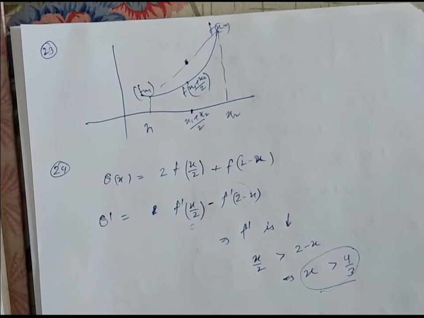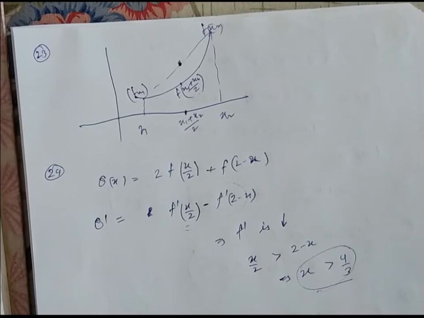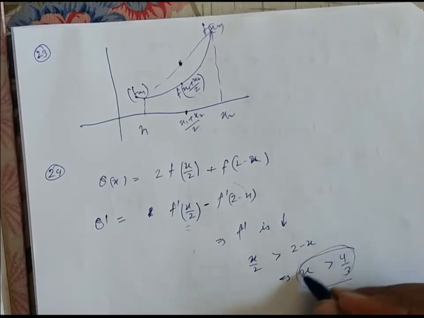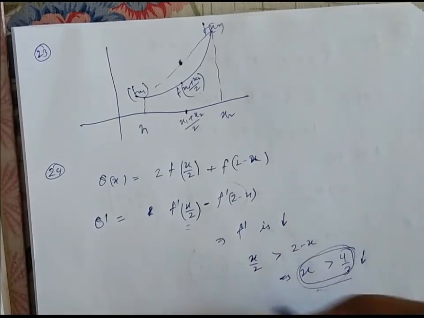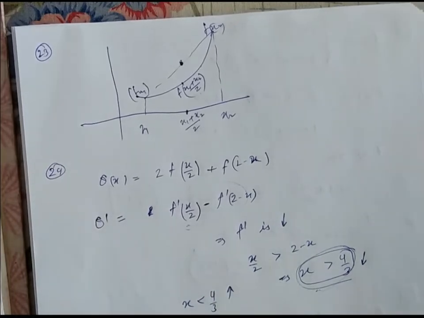So if this is less than 0, the function will decrease. So for this range of x, the function will decrease, and if x is less than 4 by 3, q will increase. Okay.